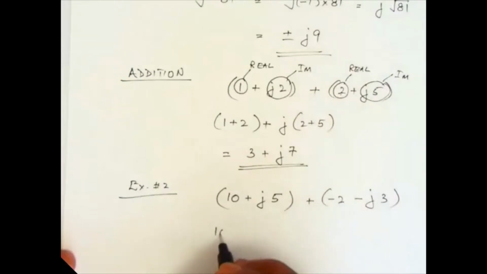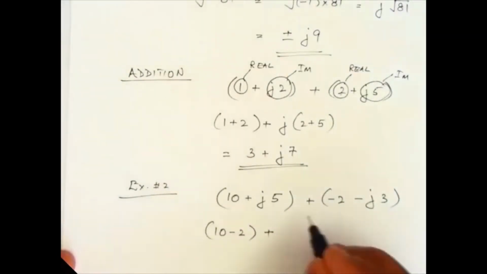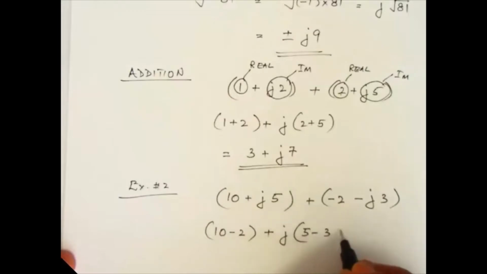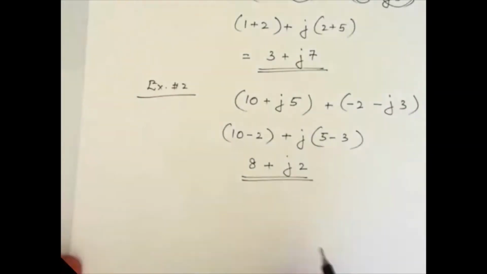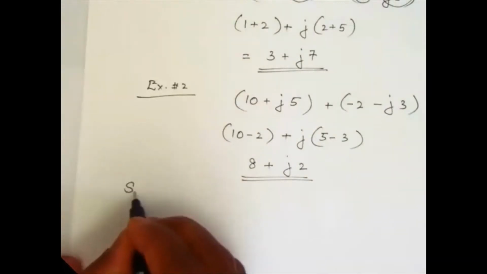So that's 10 minus 2, plus I'll add the imaginary parts together. So that is 5 minus 3. So that gives us 8 plus j2. That's the answer. So addition is quite straightforward, and subtraction is also similar.